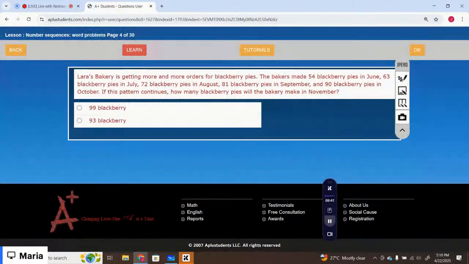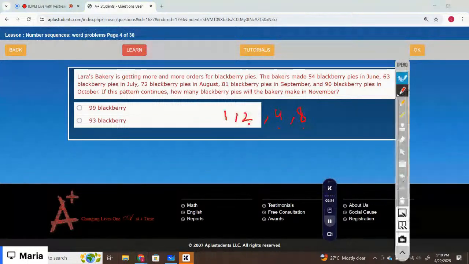Lara's bakery is getting more and more orders for blackberry pies. The bakers made 54 blackberry pies in June, 63 in July, 72 in August, 81 in September, 90 in October. If the pattern continues, how many blackberry pies will the bakery make in November?